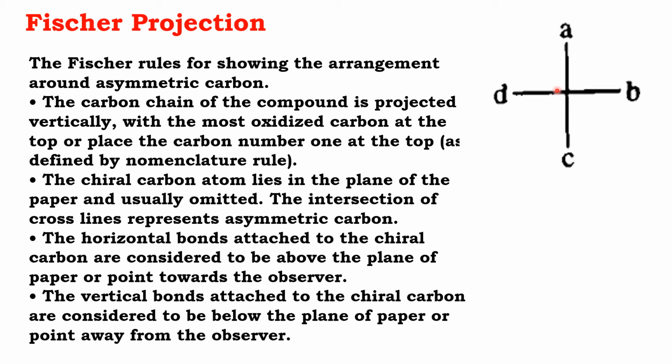The vertical bonds attach to the asymmetric carbon atom below the plane of the paper, or away from the observer. So when we write the projection formula of any molecule, these factors have to be considered.